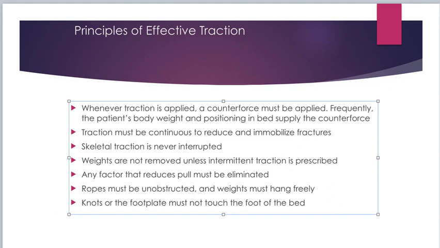Frequently, that's the patient's own body weight. Traction has to be continuous, and the weights are never removed unless intermittent traction is prescribed by the provider. Any other factors that reduce pull must be eliminated. All ropes must be unobstructed. Weights must hang freely. Knots or the foot plate must not touch the foot of the bed.